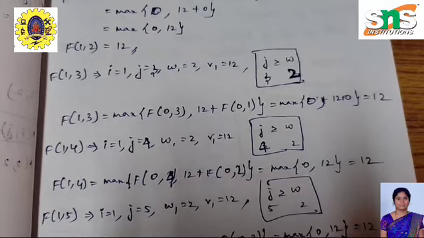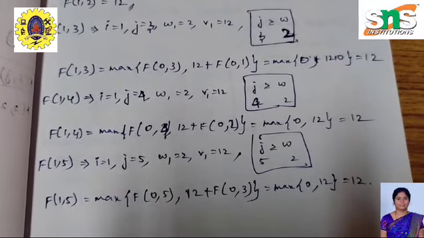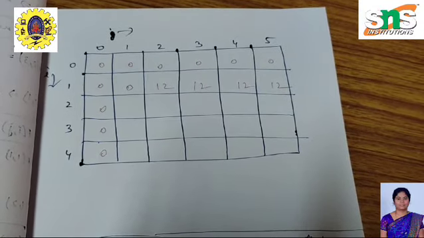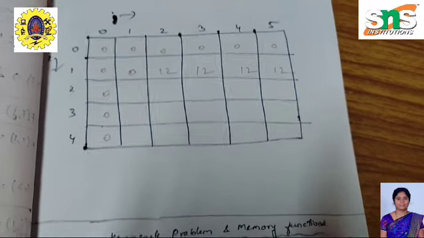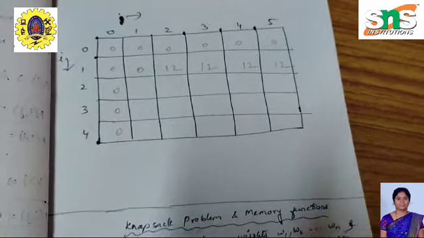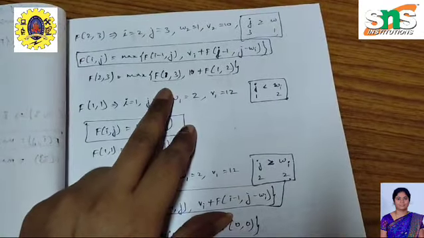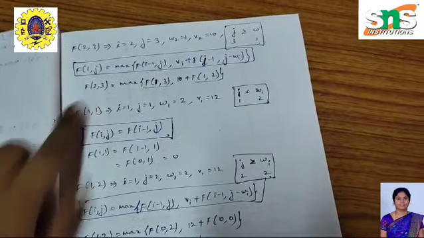And 1 comma 4 and 1 comma 5 also value is 12. So now we got the value for 1 comma 1, 1 comma 2, 1 comma 3, 4, 5 and all. So now we are supposed to substitute the value 1 comma 3 and 1 comma 2 here, and we will get 2 comma 3 value.